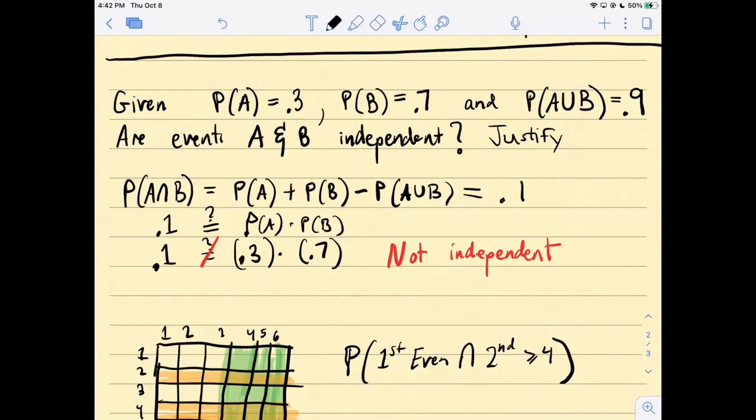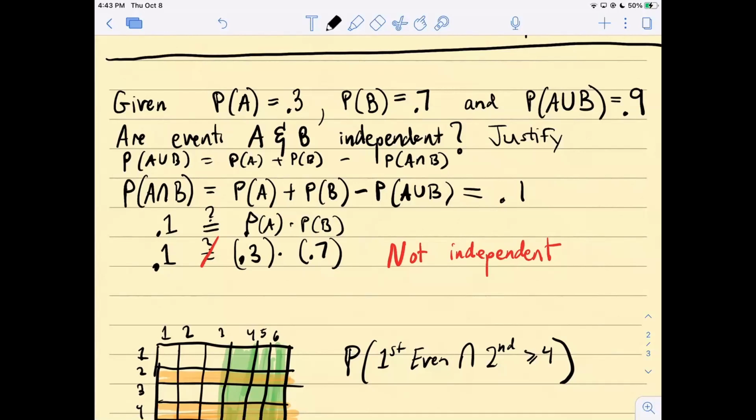If you rearrange that equation: probability of A union B equals probability of A plus probability of B minus probability of the intersection. The right side adds the two pancakes and subtracts the overcount, which gives you the union. You can move the intersection to the other side and subtract the union. That gives you the second equation.